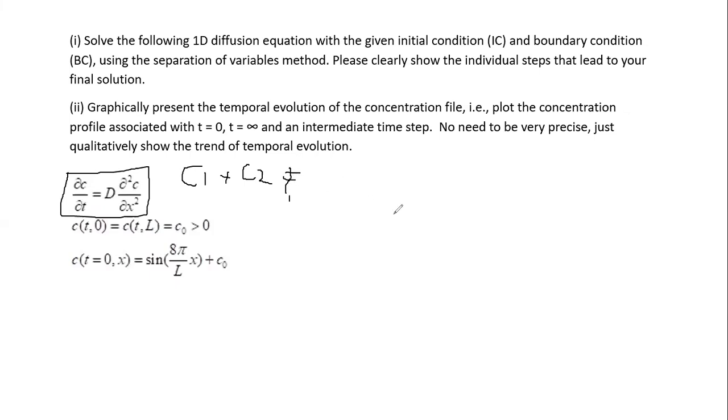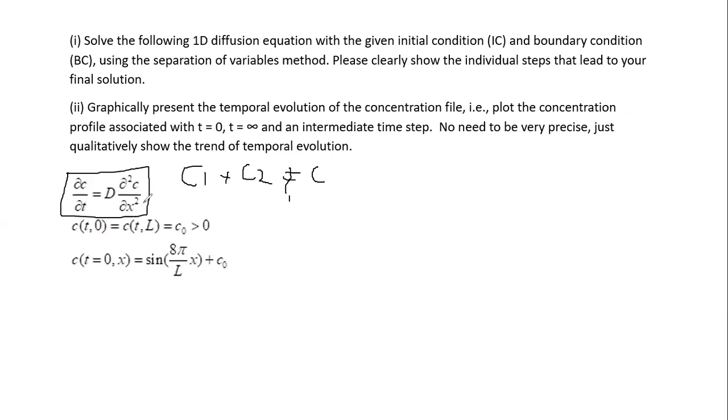Yes, you can easily plug this in, right? You can literally show that if you have two different solutions, C1 and C2, that are both solutions to the equation and boundary value problem, the sum of these two is also a solution to this problem.